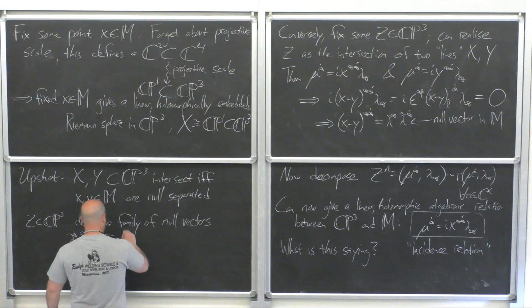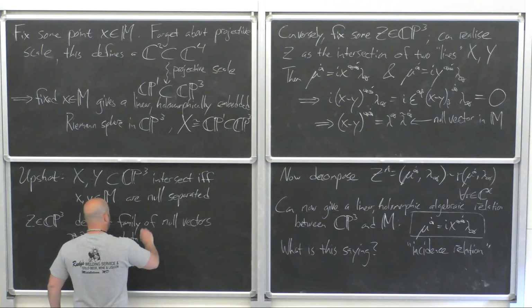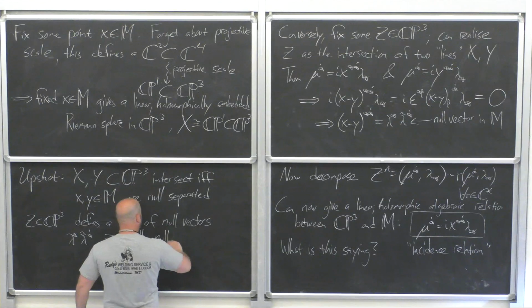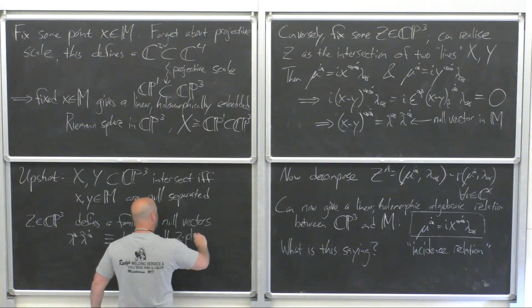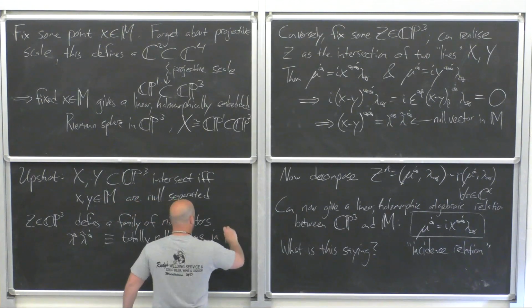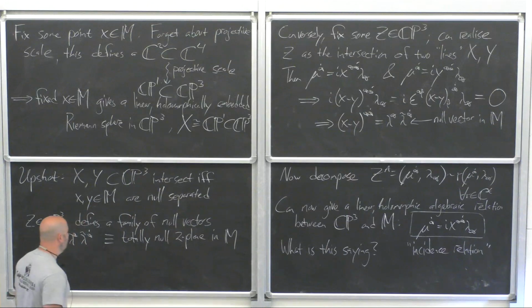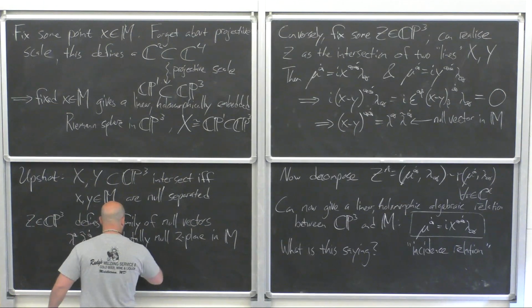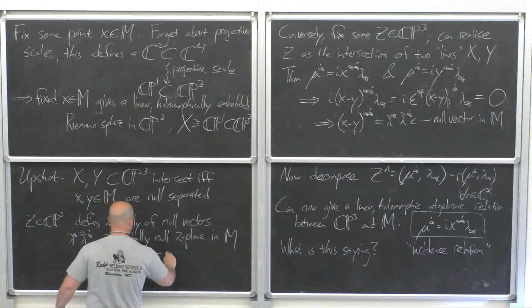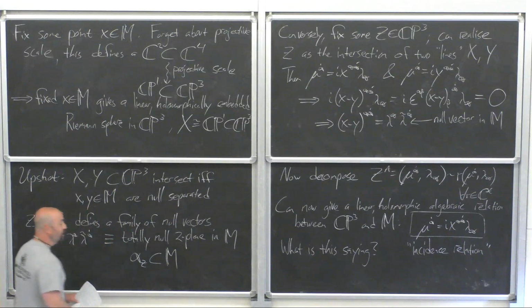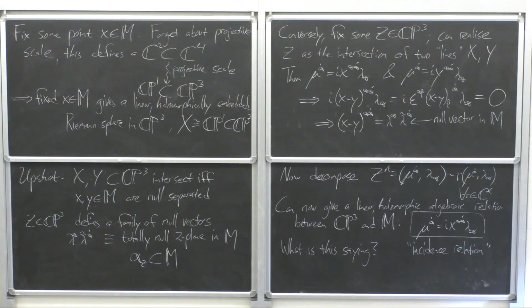This defines a totally null two-plane in complexified Minkowski space, which we'll call alpha sub Z. So totally null means that every tangent vector to this two-plane has this form.